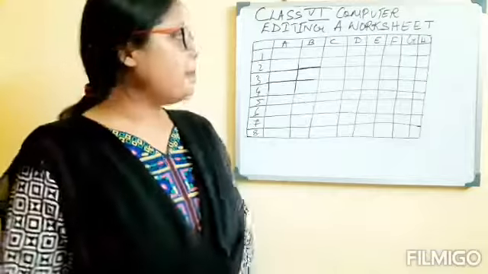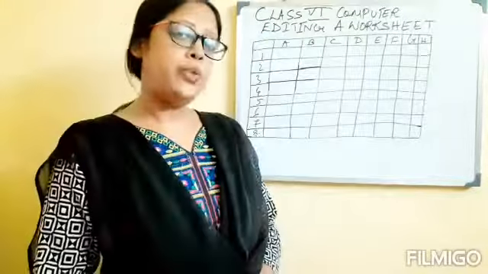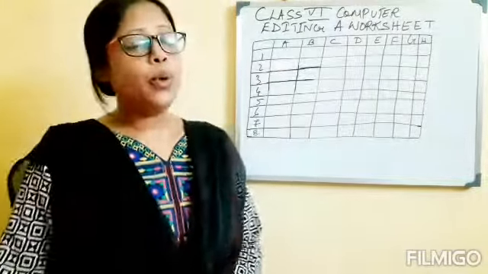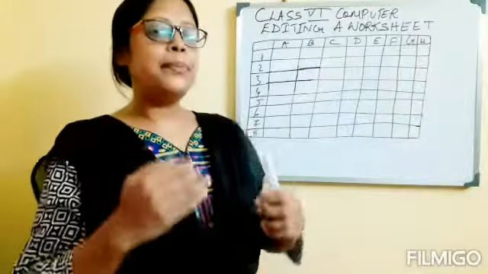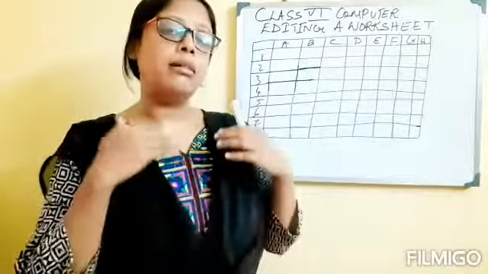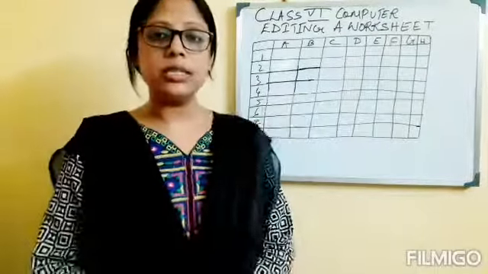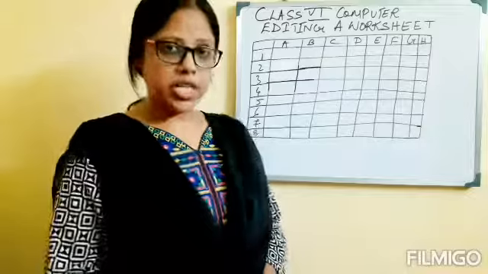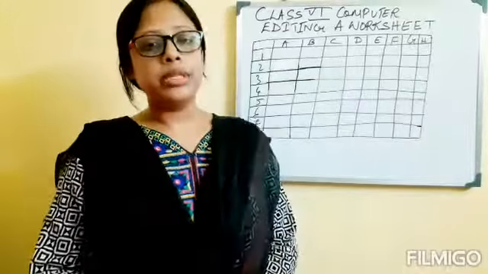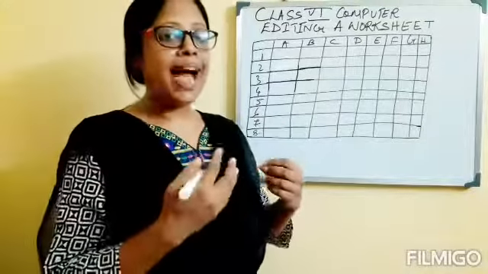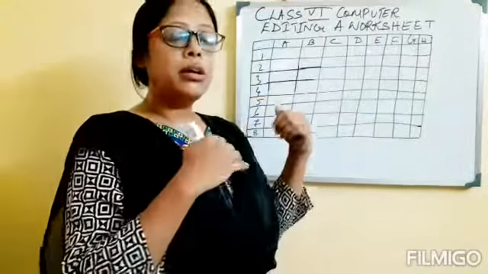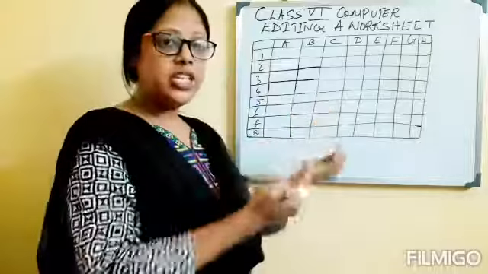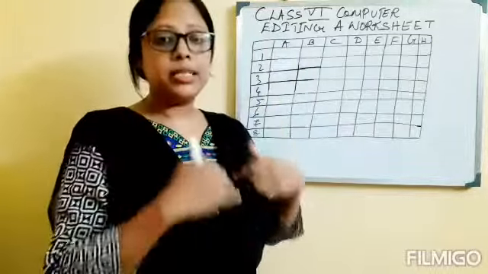So our next topic is the undo and the redo action. What is the undo action? Suppose you had made some modifications in your worksheet. Now you want to remove that modification and get back the previous data.